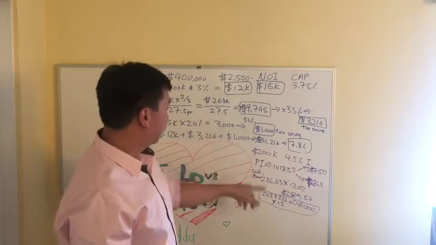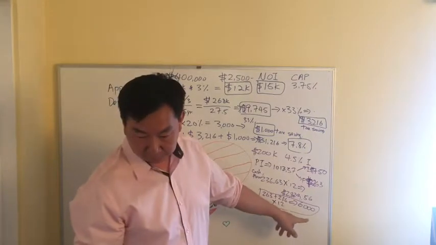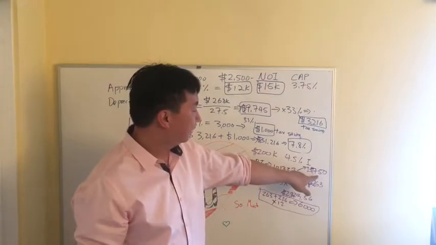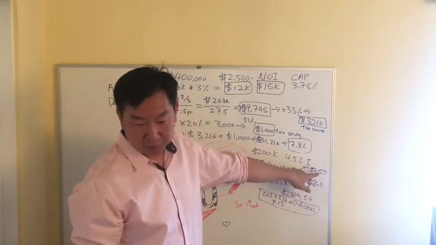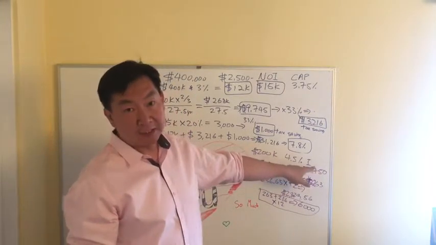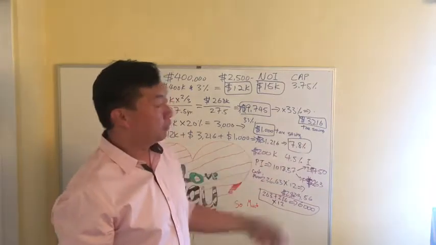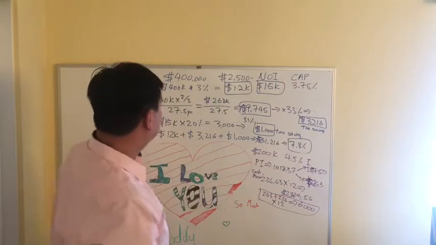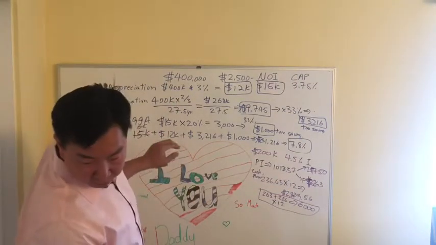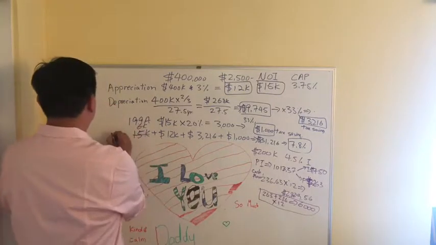So you have $750 as your interest. If you multiply it by 12, that's $9,000. And if you multiply it by 33%, you get $2,970.